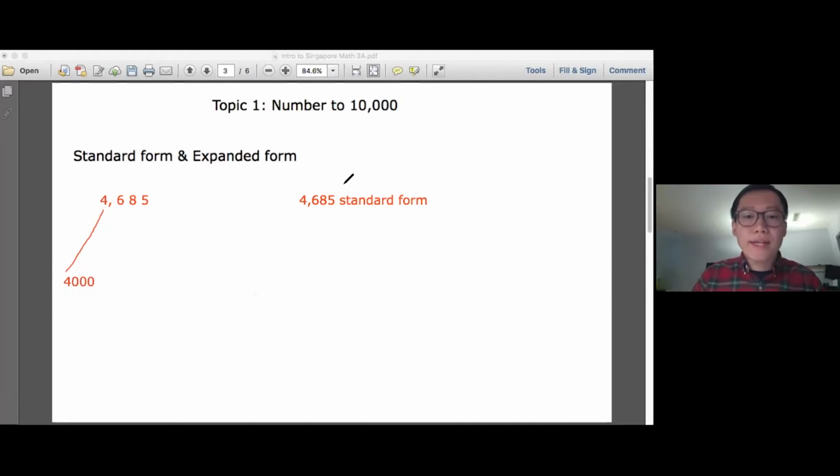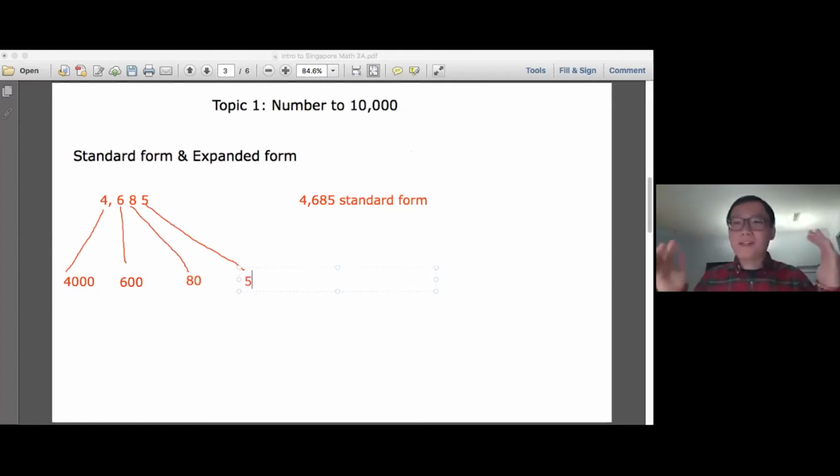Now let's move on to the next digit, 6. 6 is in the hundreds place, so 6 is really only a 600. Next, 8 is in the tens place, so 8 is an 80. Lastly, 5 is in the ones place, so 5 is just a 5.